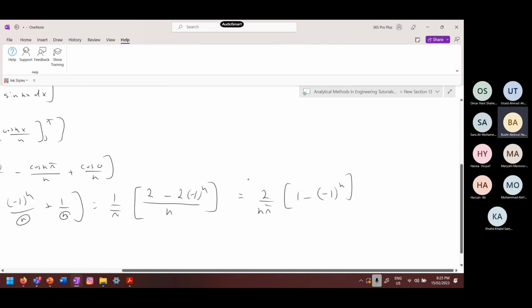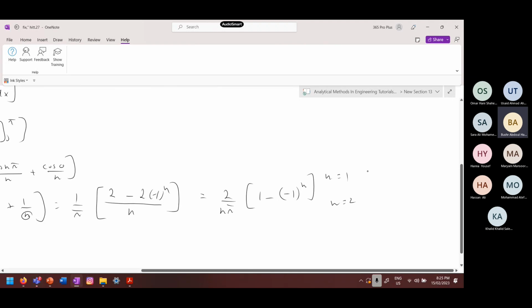Now all you need to do is the test. N equal to 1, n equal to 2. When n is equal to 1, you'll get 4 over n pi. When n is equal to 2, you'll get 0. So Bn for odd n is equal to 4 over n pi.